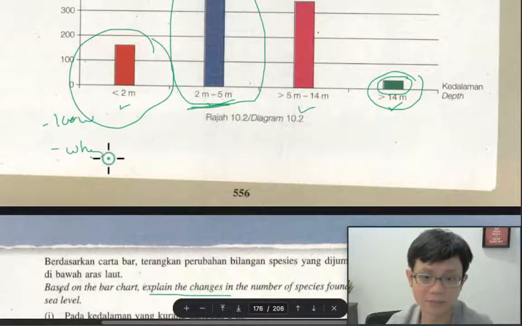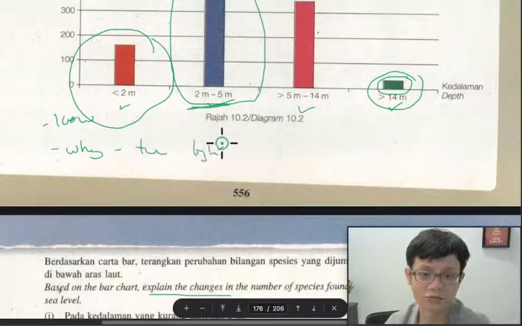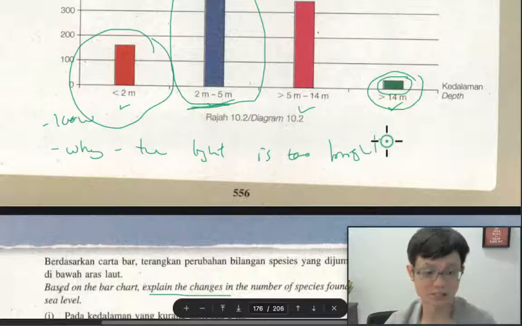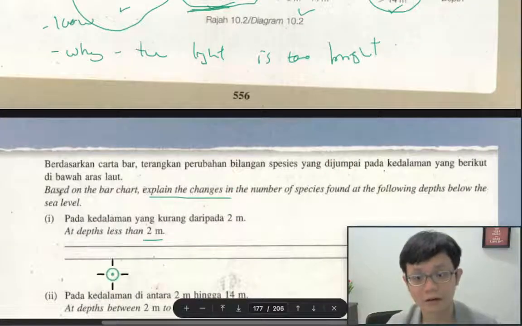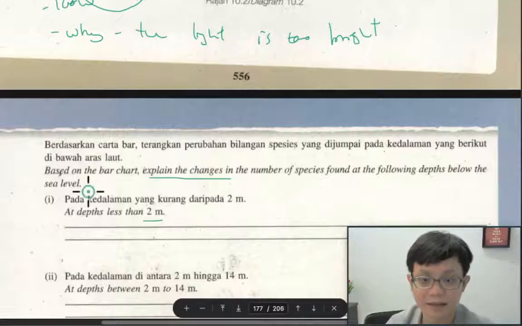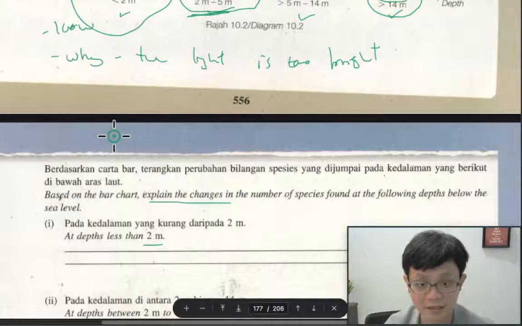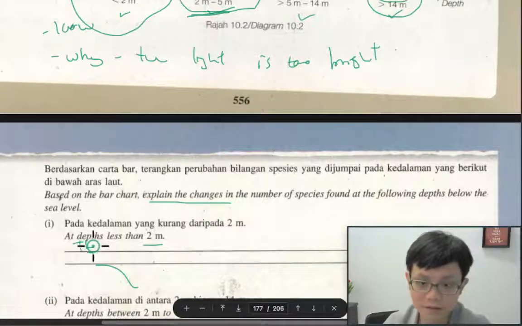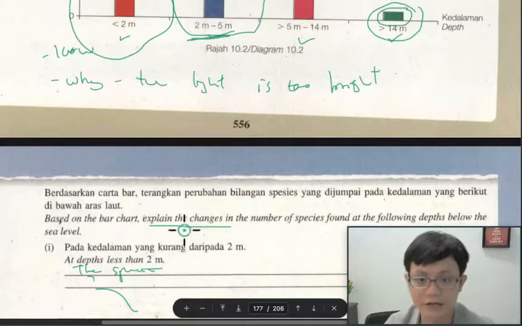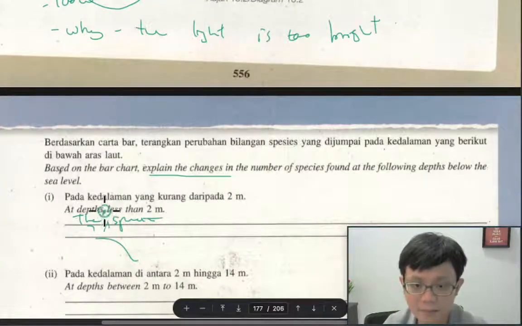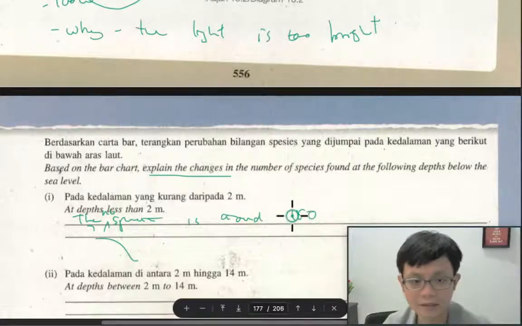Low microorganism. Maybe we can say the light is too bright, and not many species of animal can live in this one. So you explain. We can say anything. So the species will be around 180. Maybe you can say, the number of species is around 180.